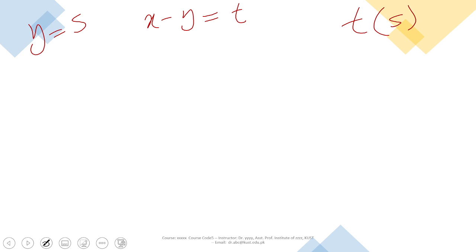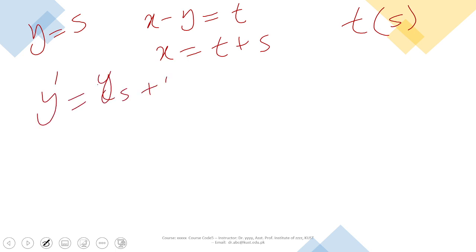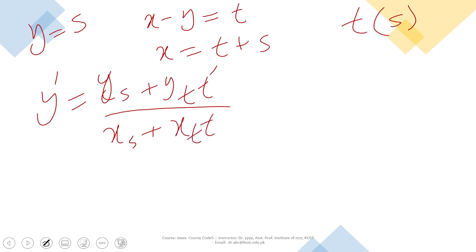So if I put ys, I get this. So y dash is ys plus yt t dash, x is xs plus xt t dash.